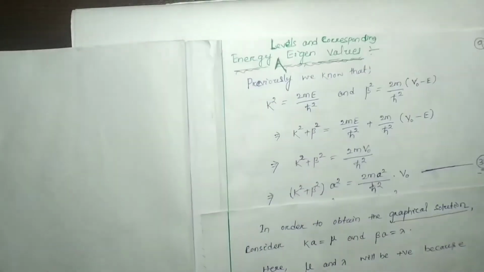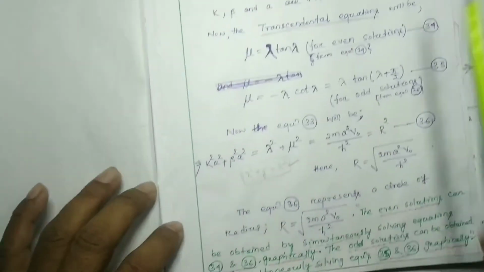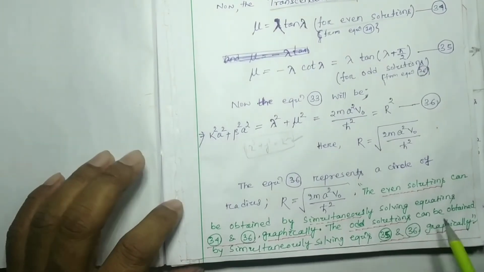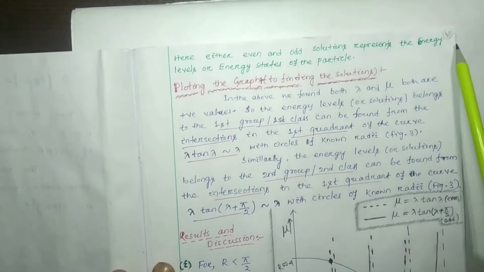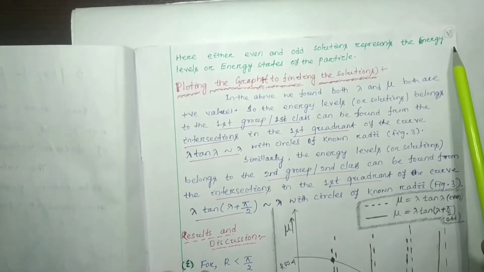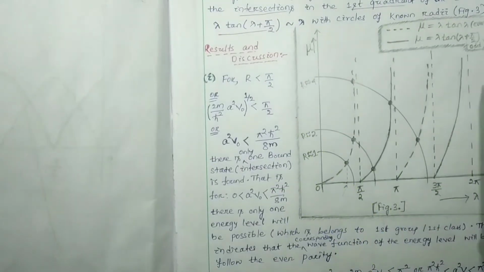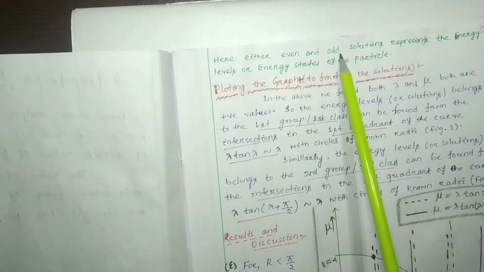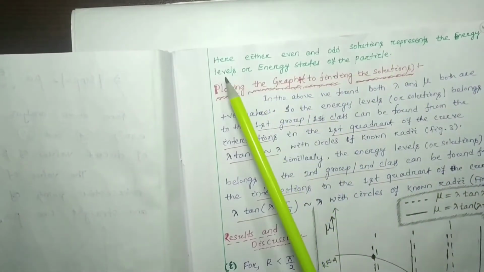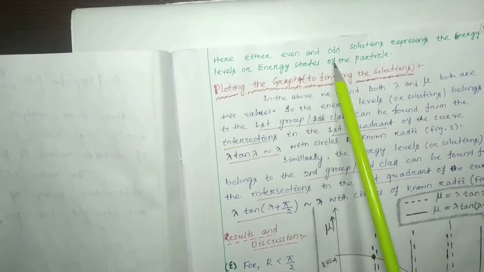Here we completed the page number 9 contents. Up to this much writing we completed, and we move to page number 10 by plotting the graphs and finding the solutions. This is your graph. We are going to discuss step by step. Here what I have written: either even or odd solution represents the energy levels or energy states of the particle.